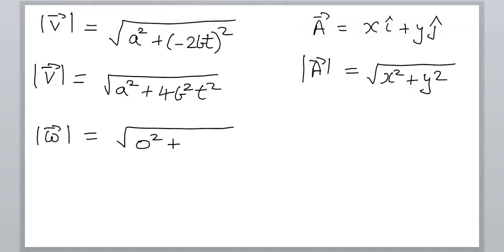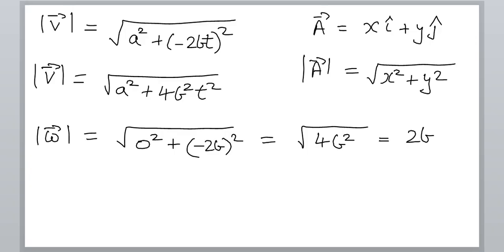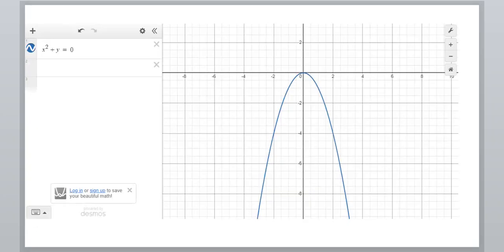So we square minus 2b, which gives the square root of 4b squared, and that turns out to be 2b. This is the answer for w vector: the modulus of w vector is equal to 2b. And for the modulus of v vector, I forgot to add the a squared. Okay, so these are the moduli for v vector and w vector.